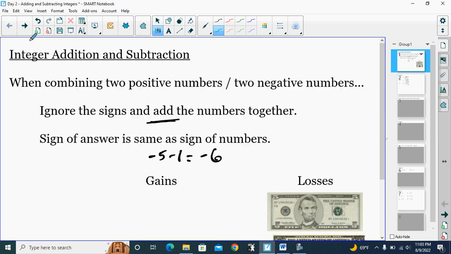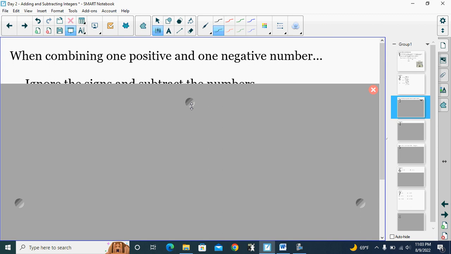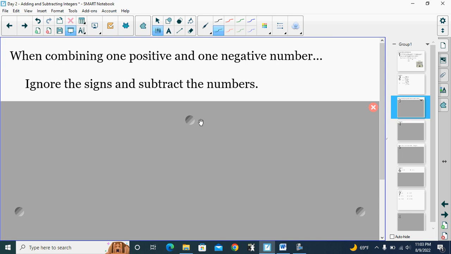So that is scenario 1, if we are combining either two positives or two negatives. The other option is I am combining one positive with one negative number. When you combine one positive number with one negative number, we are no longer going to add the numbers, but now we are still going to ignore the signs, but then we're just going to subtract.